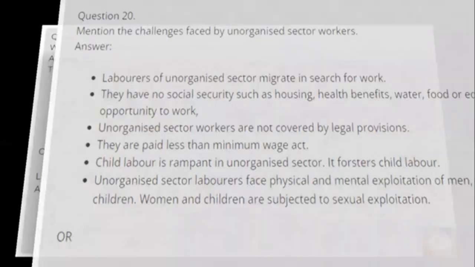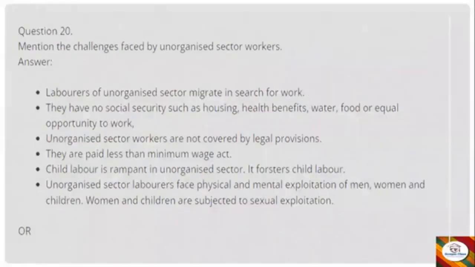Okay, next, question number 20. Again, it has two questions here. So let's see the first one. Mention the challenges faced by unorganized sector workers. Answer. Laborers of the unorganized sector migrate in search of work. They have no social security such as housing, health benefits, water, food, or equal opportunity to work. Unorganized sector workers are not covered by legal provisions.